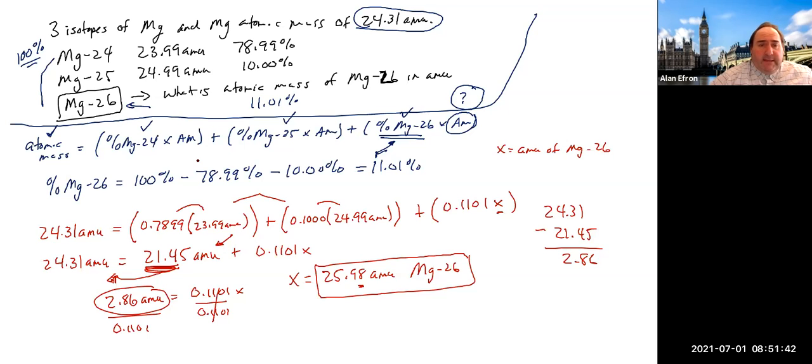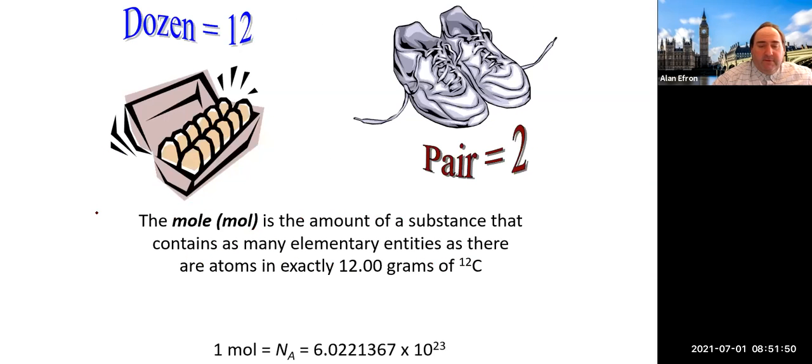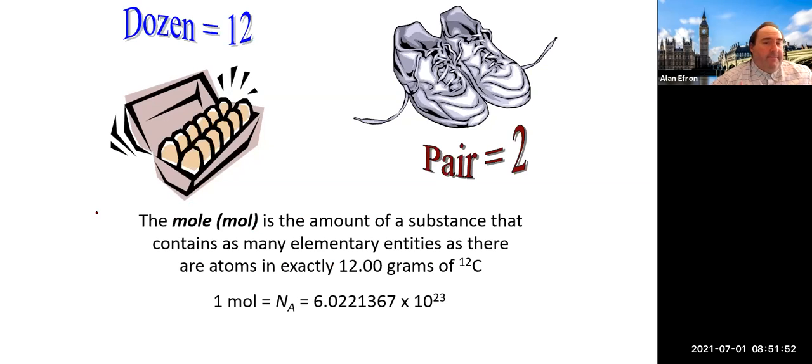Okay, so the next thing we're going to talk about is everybody's favorite, maybe: moles and Avogadro's number. In life, we have a lot of words that represent a certain meaning.